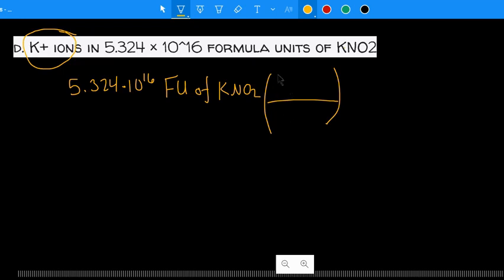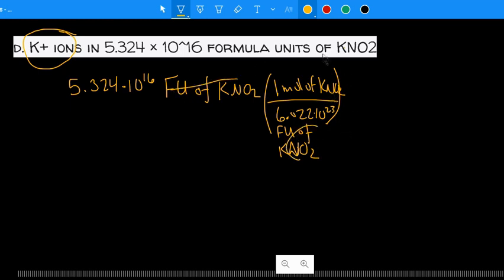So we're going to say in 1 mole of potassium nitrite, I have Avogadro's number of formula units of potassium nitrite. So formula units cross off.